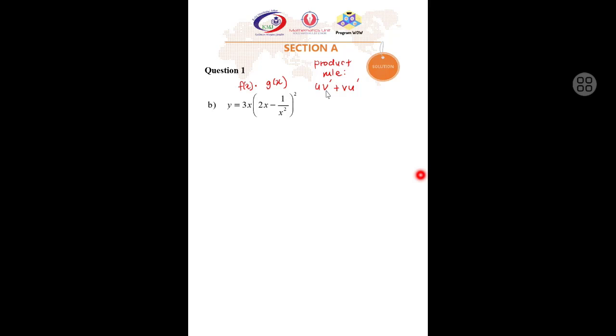So find your u and your u prime, v and your v prime. Here you will get your u is 3x, so u multiplied with all of this, which is v prime, plus this one is v, and this is u prime.